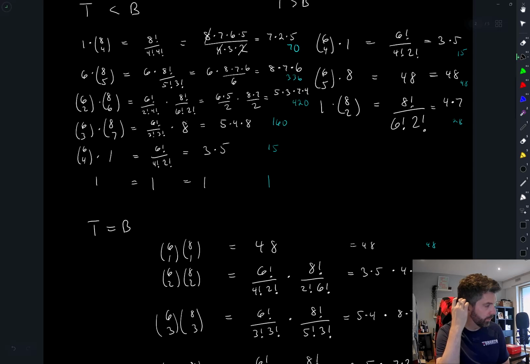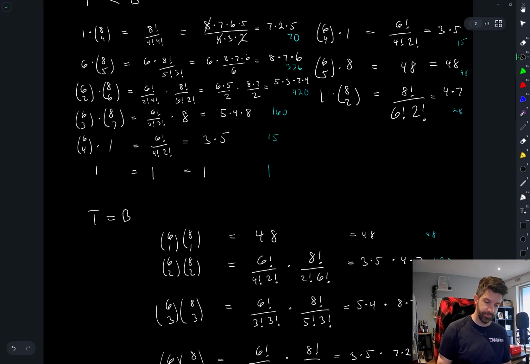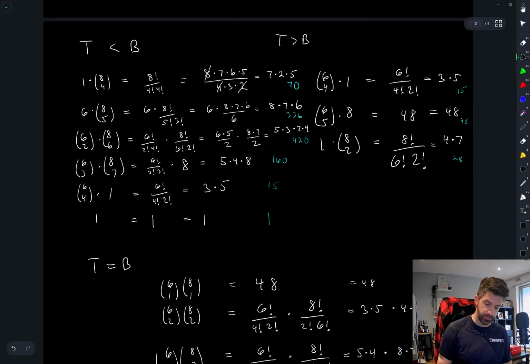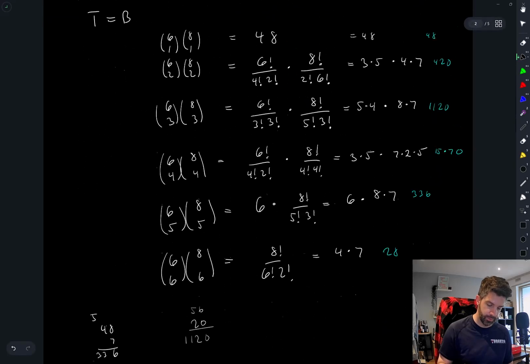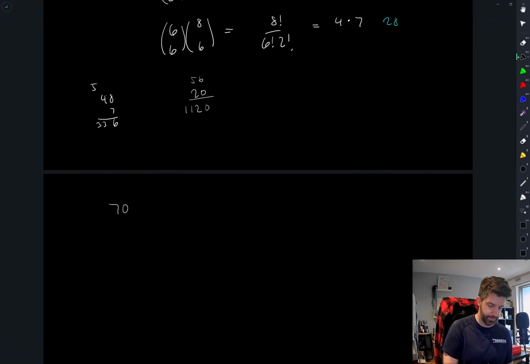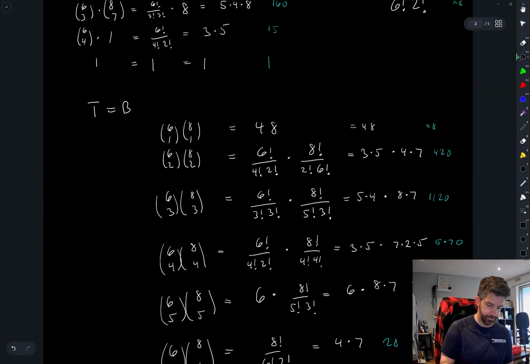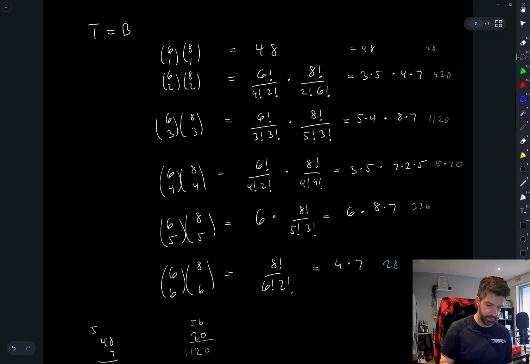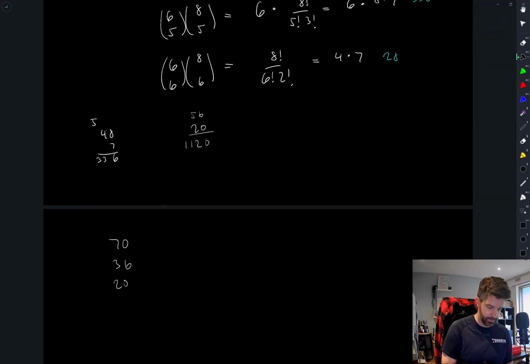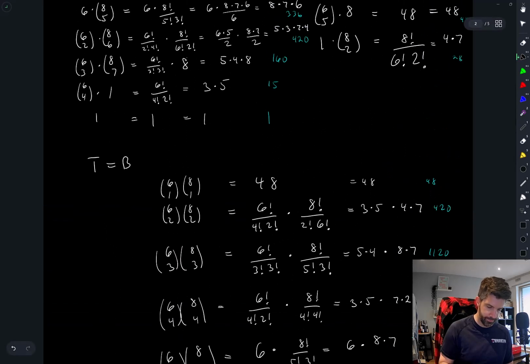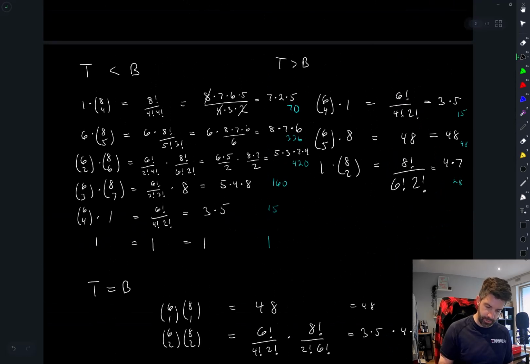Well, we only care about the remainder after dividing by 100, right? So let's just keep the last two digits. Any 3-digit number can just be thrown away, the digits can be canceled. So we've got 70, 36, 20, 60, 15, and 1. 15, 48, 28.